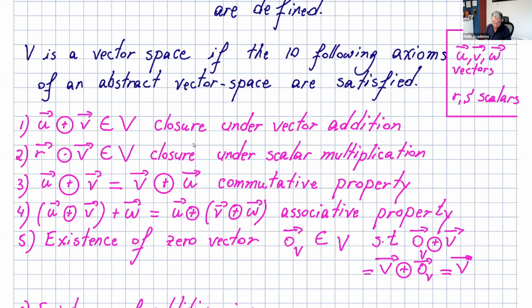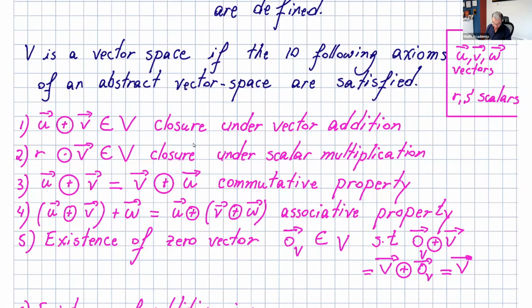So when you add two vectors, they have to be in V also. We call that closure under vector addition. When you do R times V, where R is a scalar and not a vector, this is also in V. This is called closure under scalar multiplication.